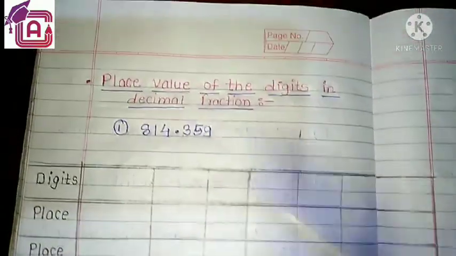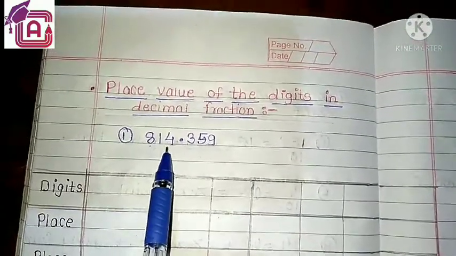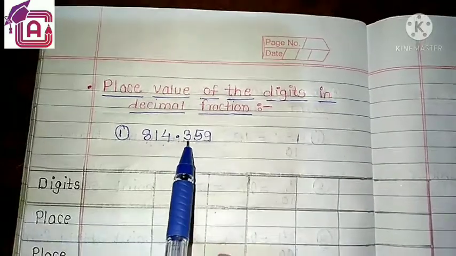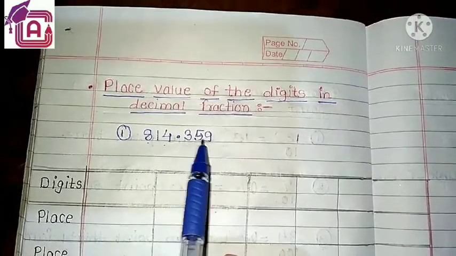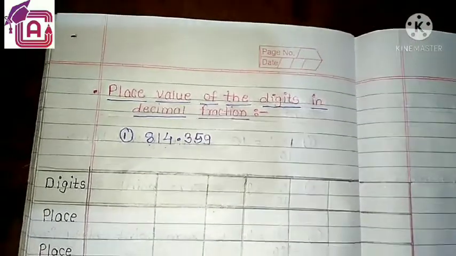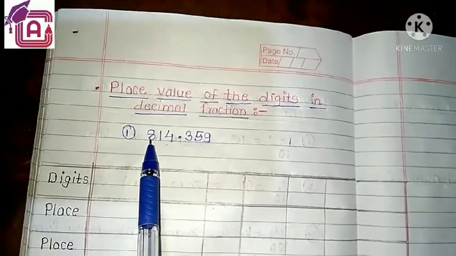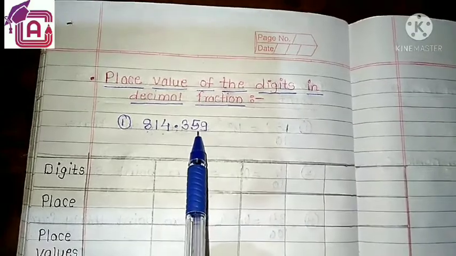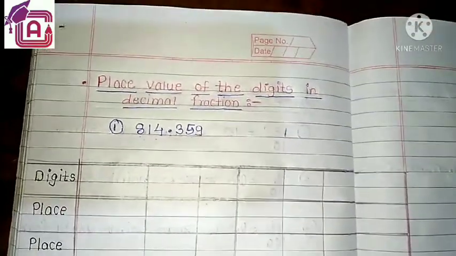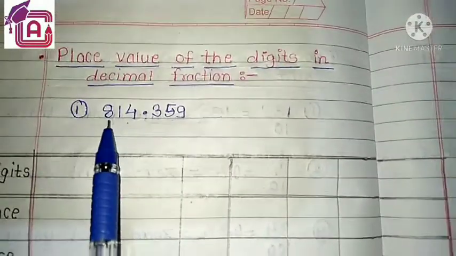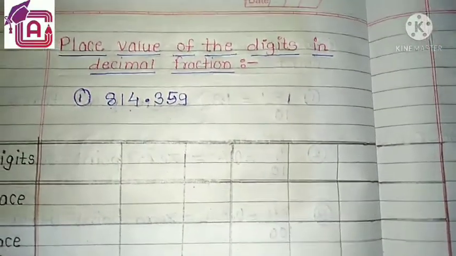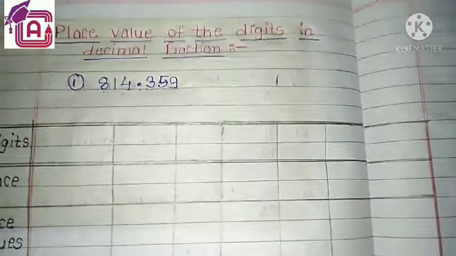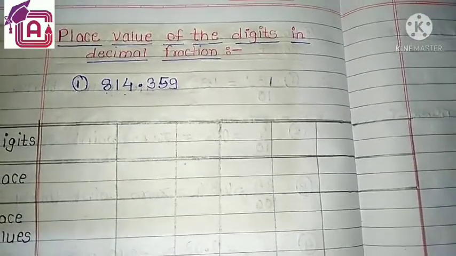The number is like this: 814.359. So how do we read it? 814.359. Now we are checking the place value of each digit in the decimal fraction.